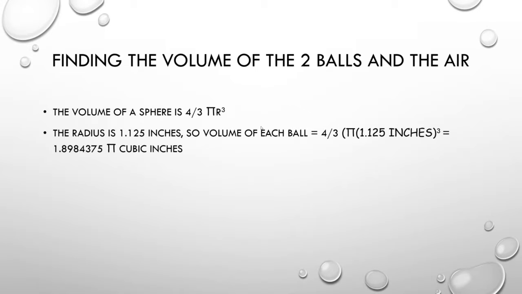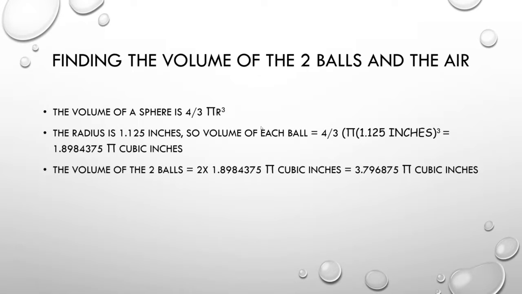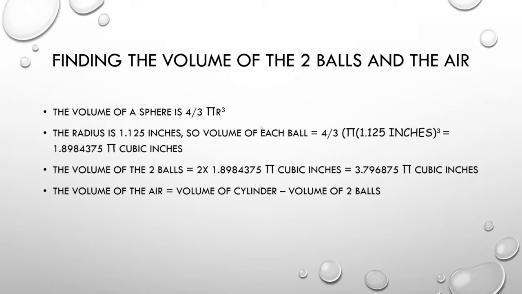And this gives us roughly 1.898 pi. To find the volume of 2 balls, we'll just multiply that number by 2, which gives me 3.796875 pi cubic inches.